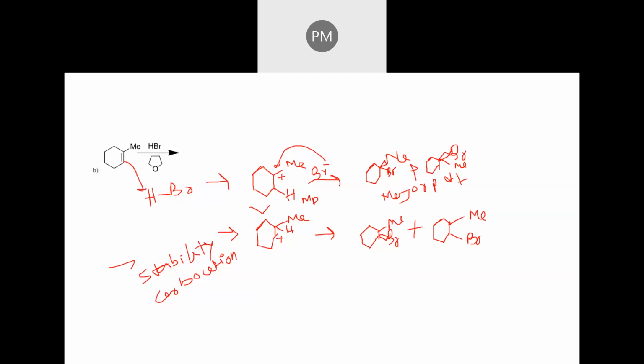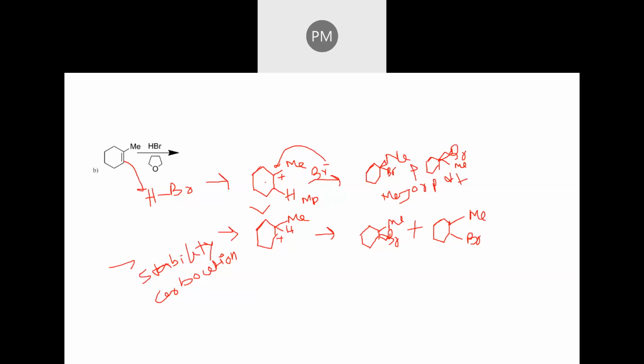So for Markovnikov addition, what do we have to remember? We have to remember where the more stable carbocation is formed. If the more stable carbocation is formed on this side, it gives the major product, and generally the larger group substitution happens. For Markovnikov addition, the Br will attack at the position where the substitution of the molecule is higher.